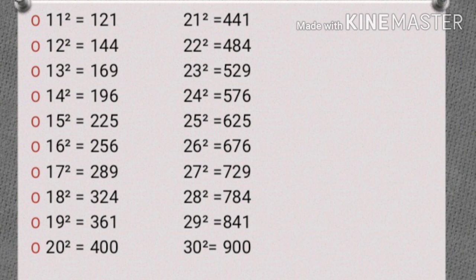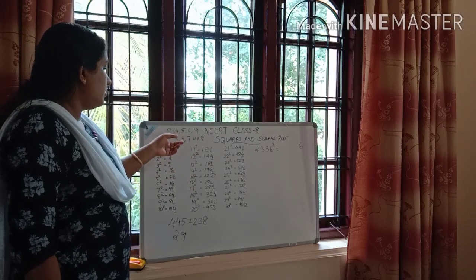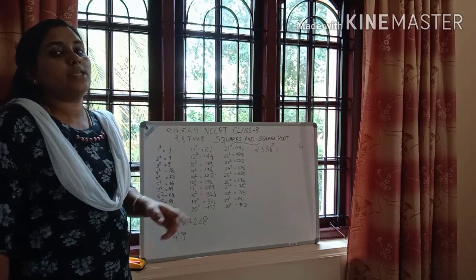Only the squares having 0, 1, 4, 5, 6 or 9. Here 2, 3, 7 or 8 are not present. See the other example, 21 to 30. Here also 1, 4, 9, 6, 5, 6, 9, 4, 1, 0. There are no numbers other than 0, 1, 4, 5, 6 and 9.